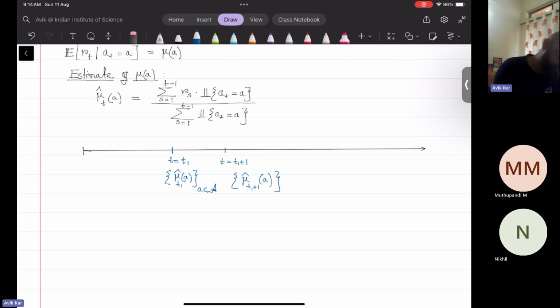So here you have pulled arm AT, and only mu hat T AT will be updated.